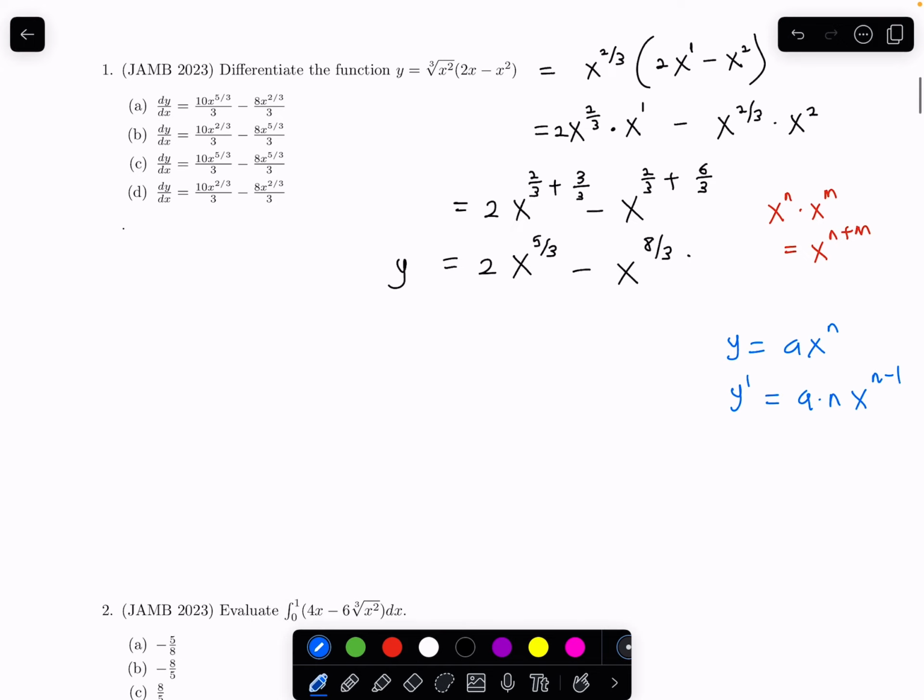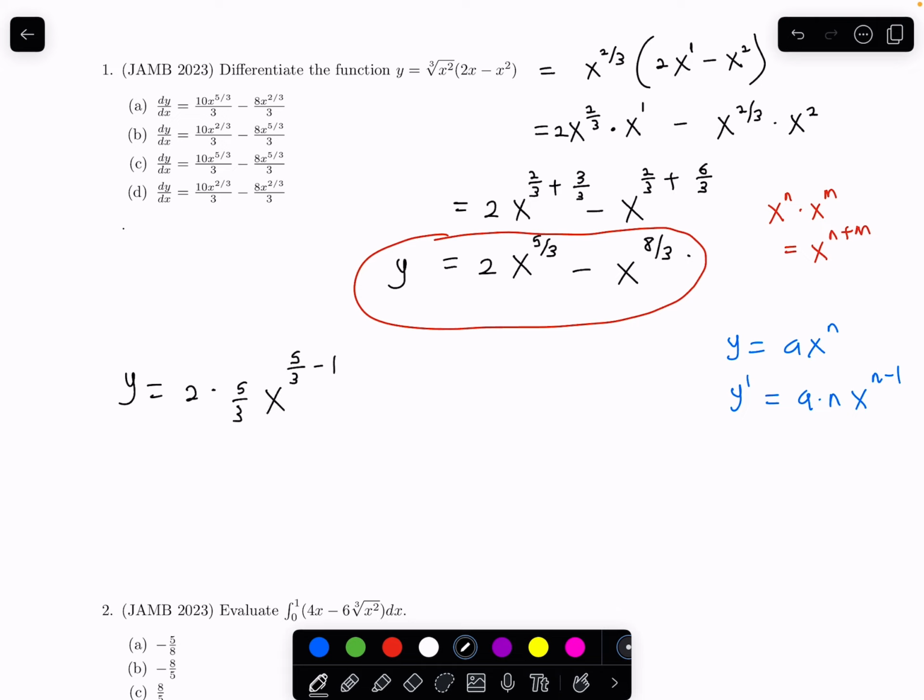So applying the power rule to this equation, I'm going to have y prime equal to 2 times the first power 5 over 3, then x to the power of 5 over 3 minus 1, minus 8 over 3 x to the power of 8 over 3 minus 1.